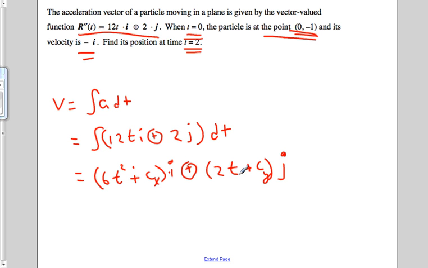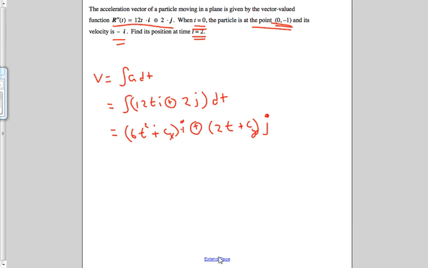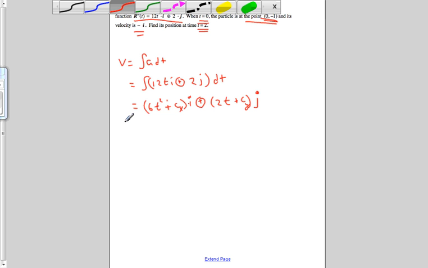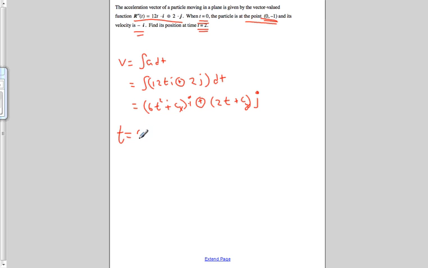So to find c sub x and c sub y, we can plug in what we know about the initial conditions. We know that at time equals 0, our velocity is negative i. So we know that 6 times 0 squared plus cx i.